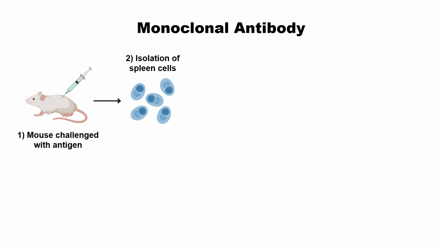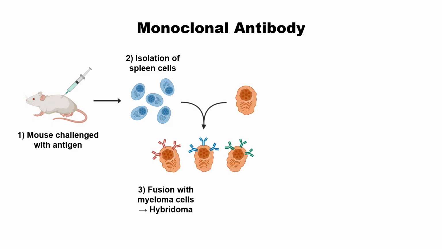How to make a monoclonal antibody? If you inject antigen into an animal body, then the mouse can generate millions of different antibodies, and we can isolate those B cells. Here, the plasma cells, mature B cells, are hybridized together with myeloma cells.